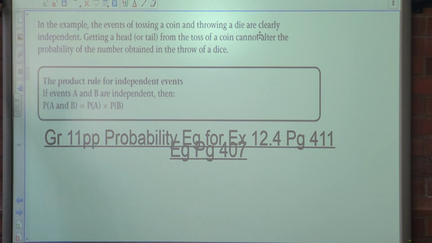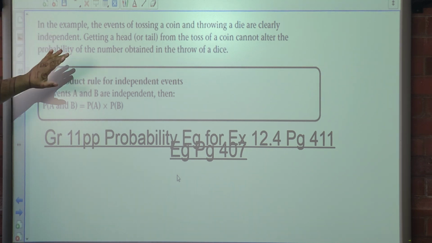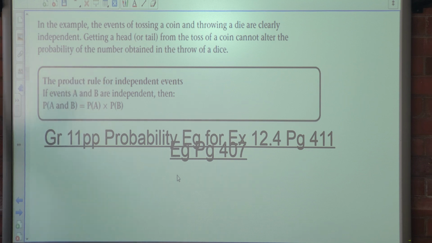Getting heads or tails from tossing a coin cannot alter the probability of the number obtained in the throw of a die. The product rule for independent events: if A and B are independent, then the probability of A and B is equal to the probability of A times the probability of B. You all made that note already.